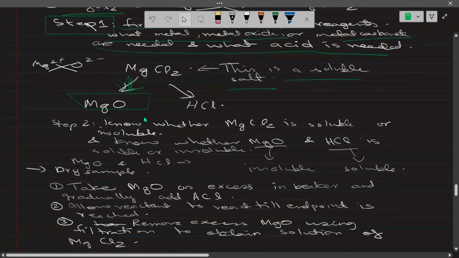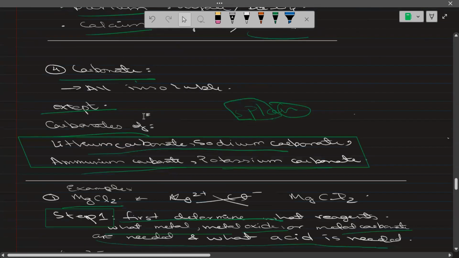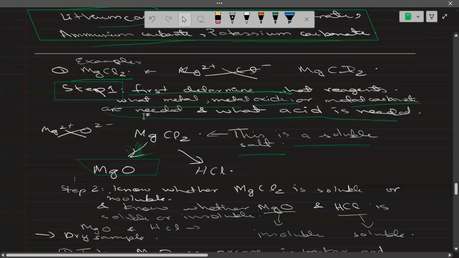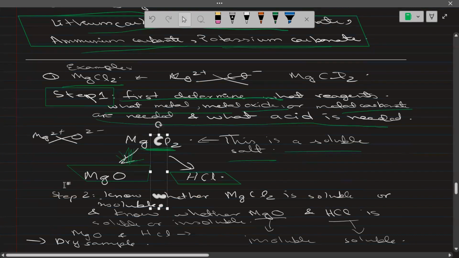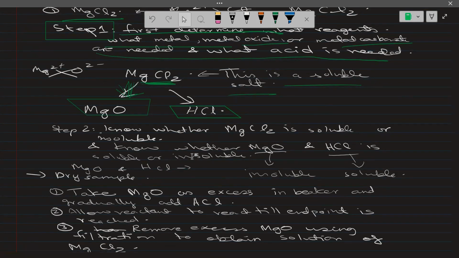Or if, let's suppose, it were copper, then we'd write copper oxide. So magnesium oxide we have found, and for chloride, Cl, it comes in two things, but we write HCl. So we find out which reagents we will need.